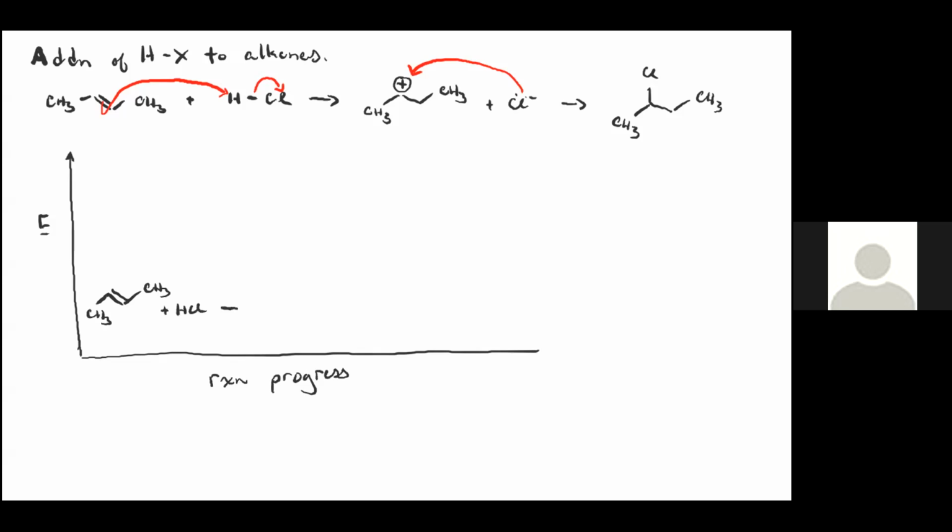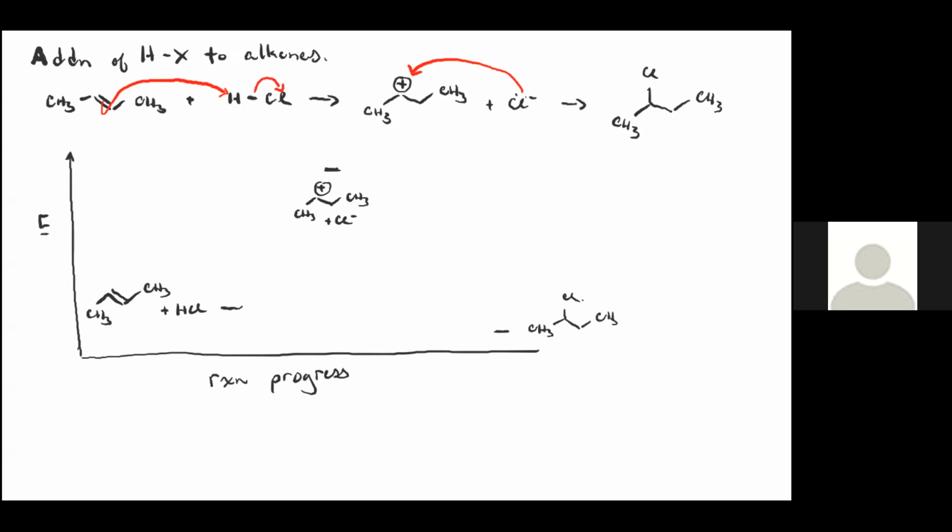Those have some finite energy associated with them. We then draw our carbocation plus chloride, okay? And then we can draw the products, and that will be down here. And then we can connect these with lines.